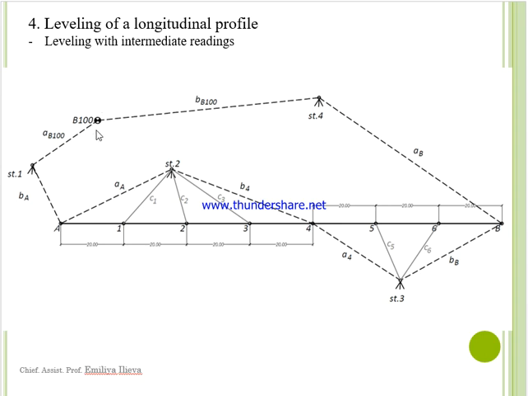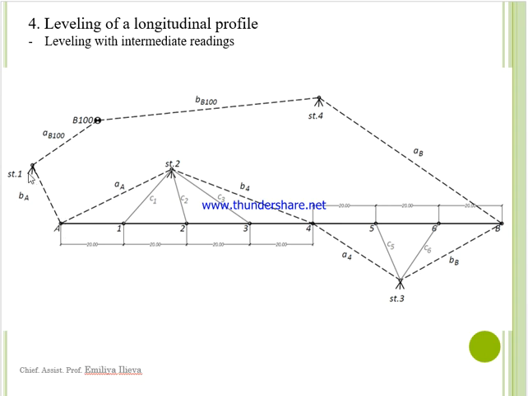So we need to place here the leveling staff. And after that, we are going to continue with foresight reading to the first point of our linear facility. In our case, this is point A. So we have two readings, backside and foresight reading.